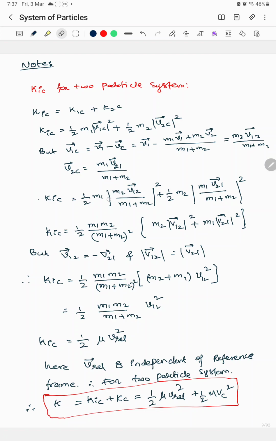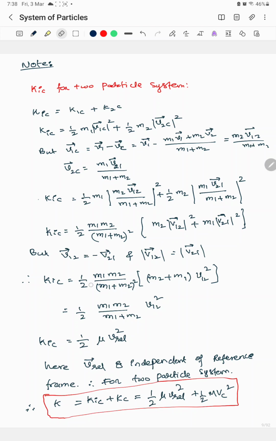So after expanding, if you take the terms half and M1 M2 by M1 plus M2 whole square outside, you will get here M2 V12 square plus M1 V21 square. Next, V12 is equal to minus V21 as vectors, but their magnitudes are the same and directions are opposite.